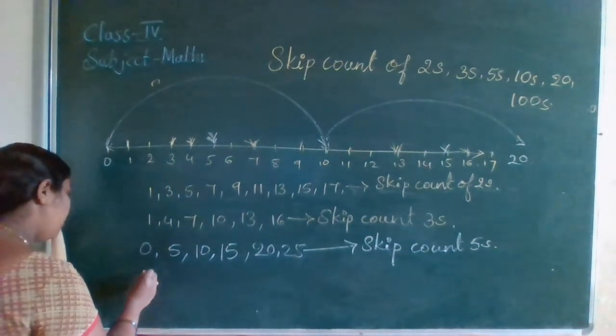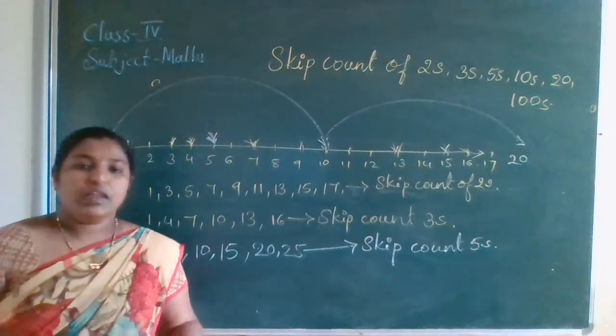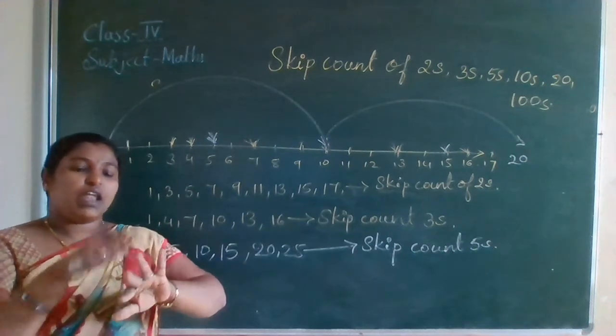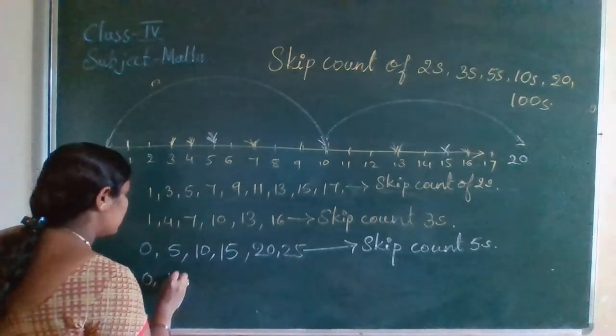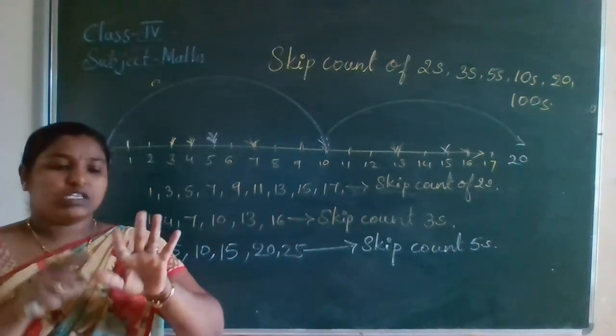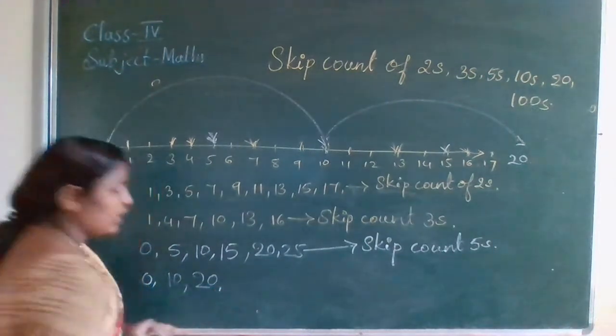So we will do it: the first number will be 0. You take 0. Next, what will be there? After 0: 1, 2, 3, 4, 5, 6, 7, 8, 9, 10. So 10 is the answer. After that 11, 12, 13, 14, 15, 16, 17, 18, 19, 20. So next is 20.